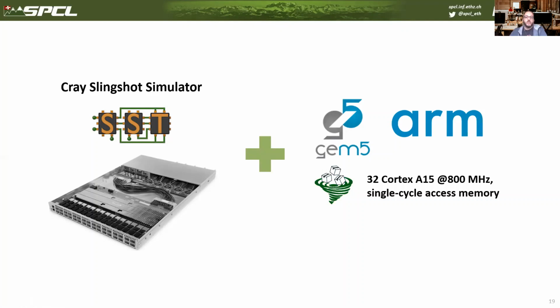So in this simulation, you can really write your C code describing the handlers, and this will be timed using gem5. And we model a sPIN unit with 32 HPUs, and each HPU is an A15 core running at 800 MHz, and we assume single cycle access memory, like this NIC memory we have seen in the abstract machine model before.